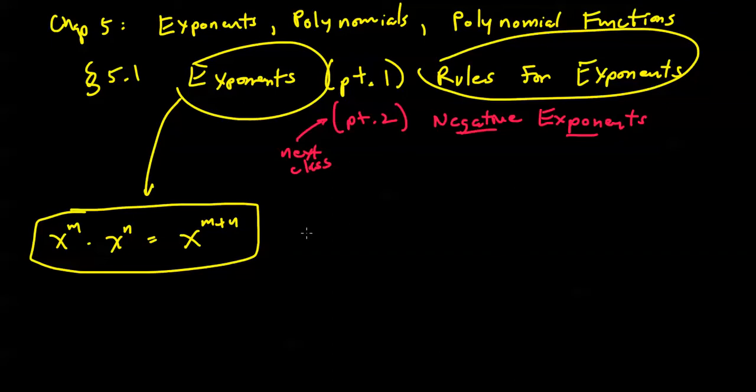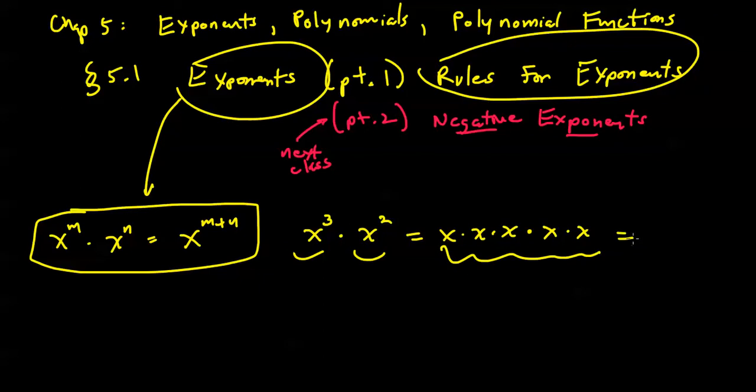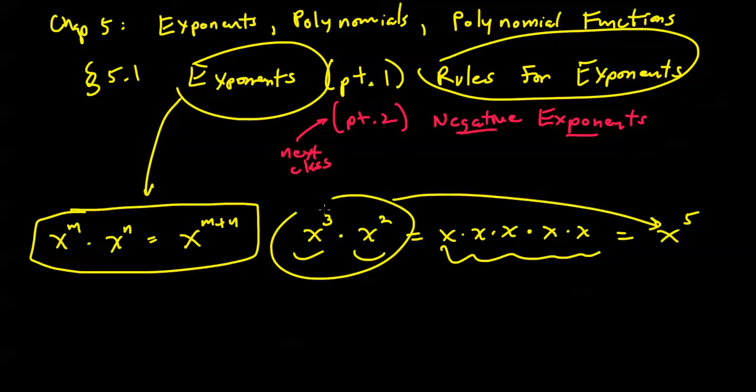And a simple example of this rule is, let's look at x cubed times x squared. Of course, I know x cubed is simply 3 factors of x, x times x times x. And x squared is similarly a product of 2 factors of x, and I think we can all see that I get 5 factors of x in the final analysis, and I could have gone just from here to here by adding these two exponents, 3 and 2.